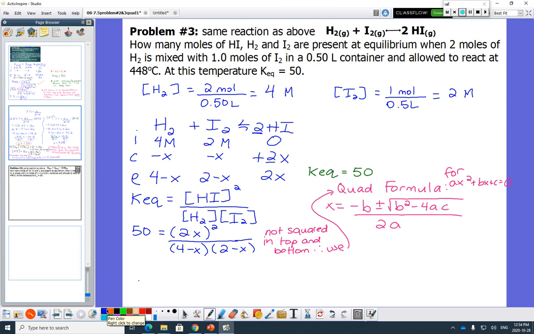So we could have done problem 2 using the quadratic formula, but there is a way to streamline it. So if you hate the quadratic formula, take a look and see, is there a squared in the top and the bottom? And then you can just square root both sides, okay?